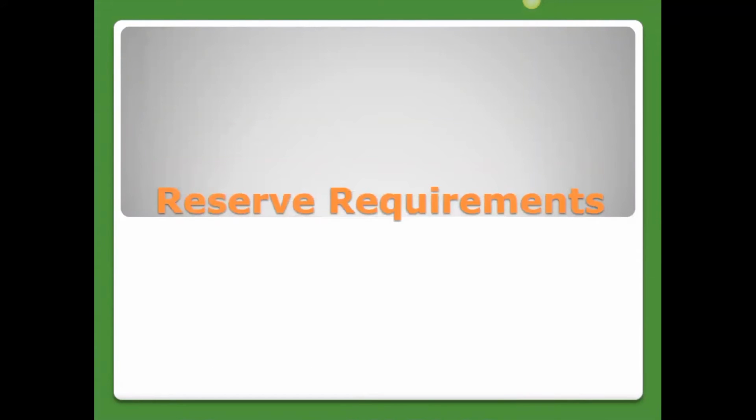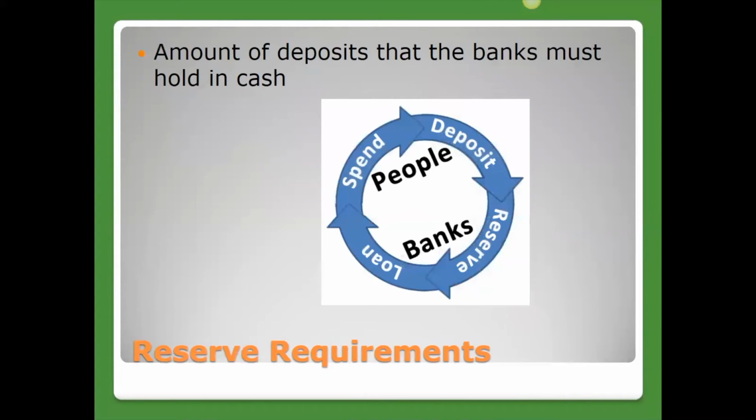The second way the central banks can impact how much money is available in the economy is through reserve requirements for the commercial banks. Every single bank has to hold a certain amount of money in cash. So for everybody who's depositing money with them, part of that money has to be kept in the form of cash with the bank.